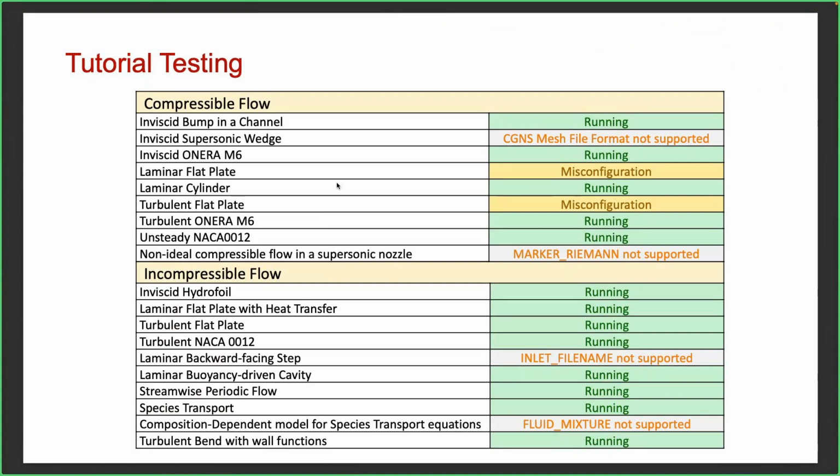In very few cases, the configuration can be there with the default values which SU2 GUI takes, like in laminar flat plate. We got odd results due to some default values which SU2 GUI takes. So it might require some manual changes in the config file, which can be done through the config tab.